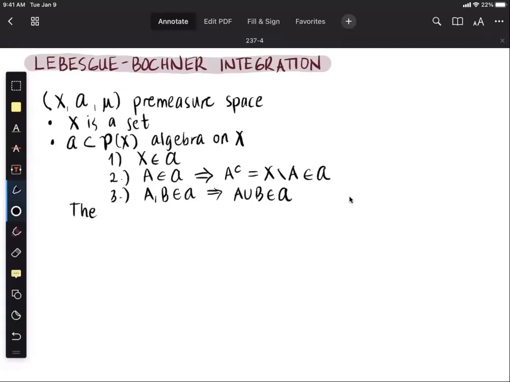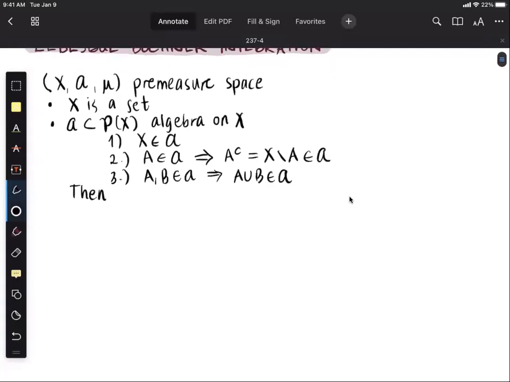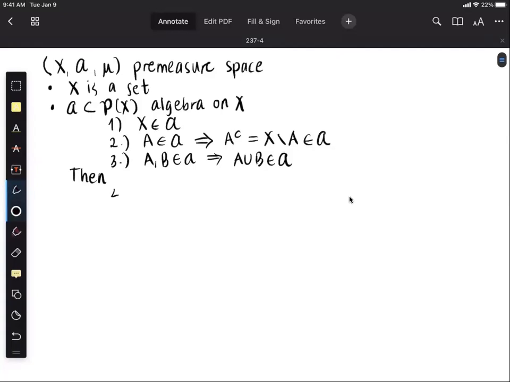From this, we could extract further properties. From the first and then the second, taking the complement of the set X would be the empty set. So the empty set should also be in the algebra.